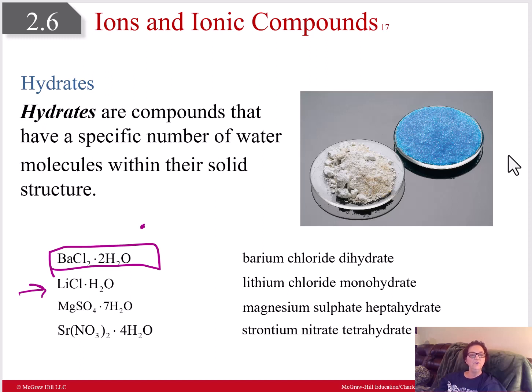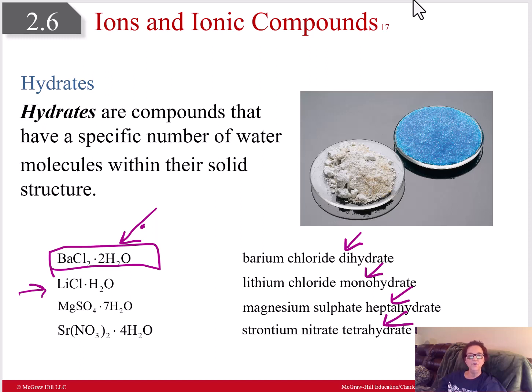And so you use the same prefixes like we saw with like di, mono, hepta, that kind of thing. So dihydrate is 2, mono would be 1, hepta is 7, and tetra is 10.